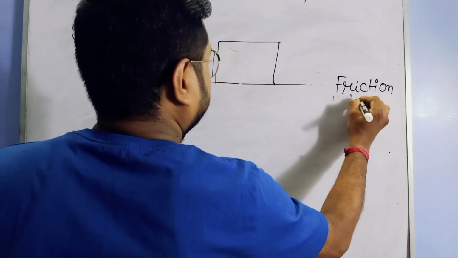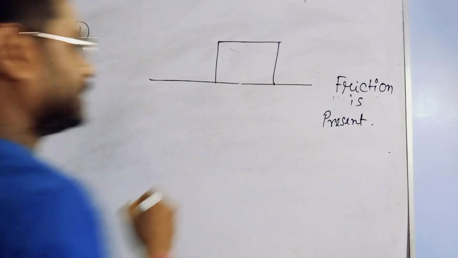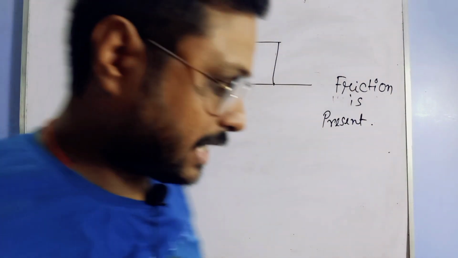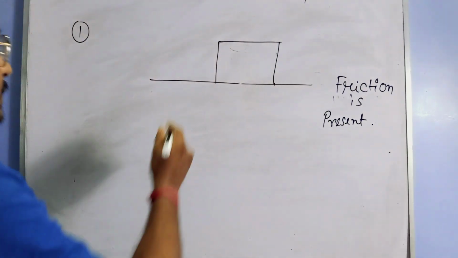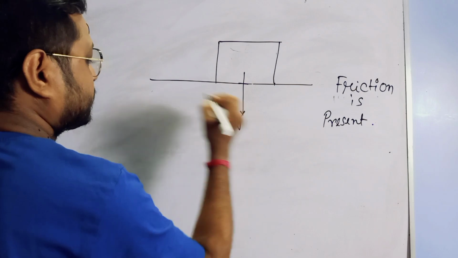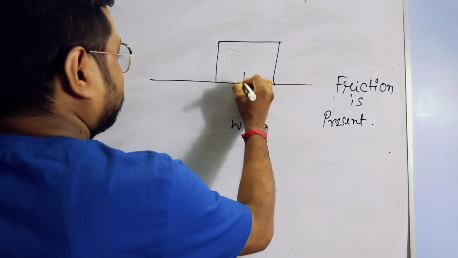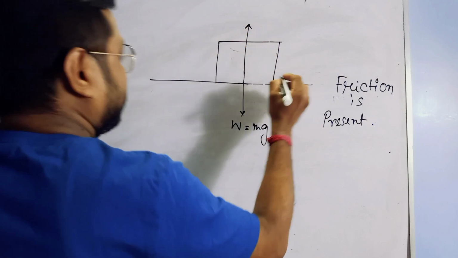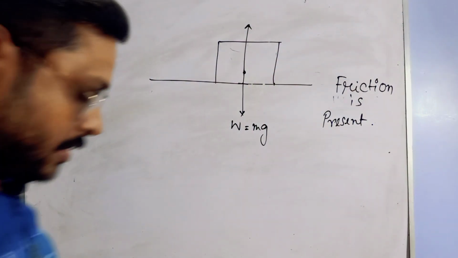So what forces act on it? Here W acts in the downward direction, and the contact force has two components.